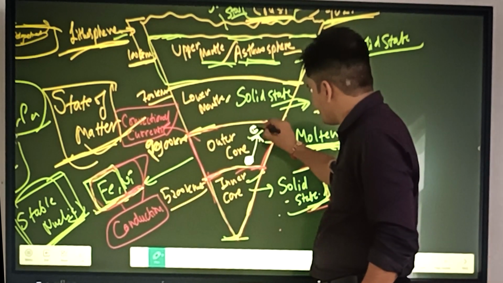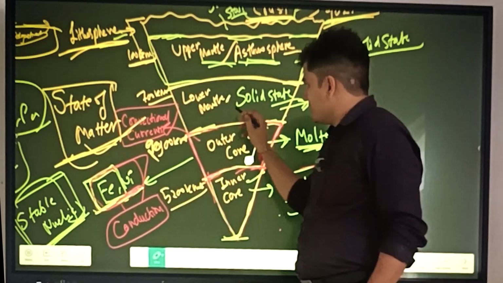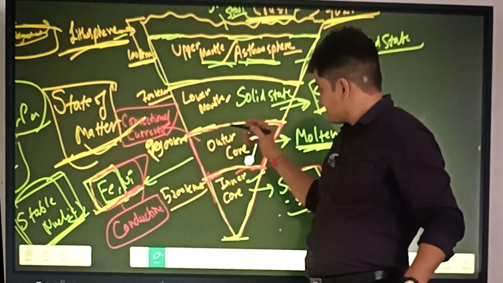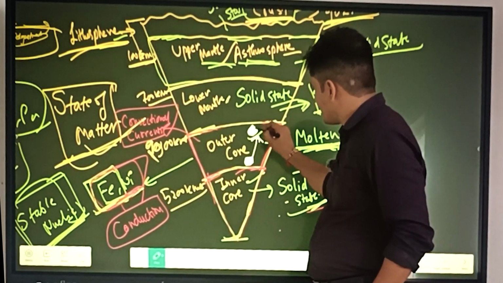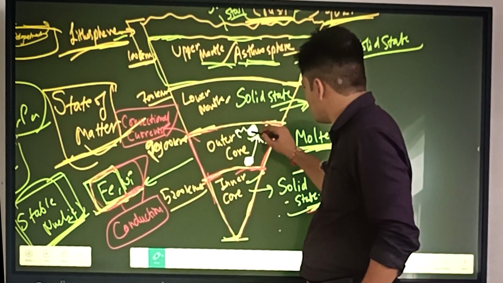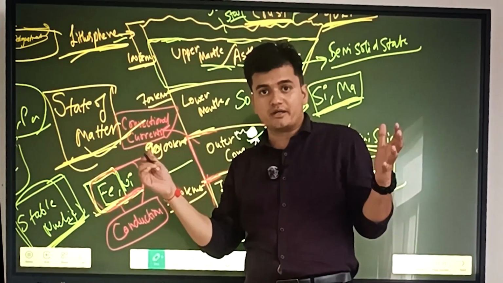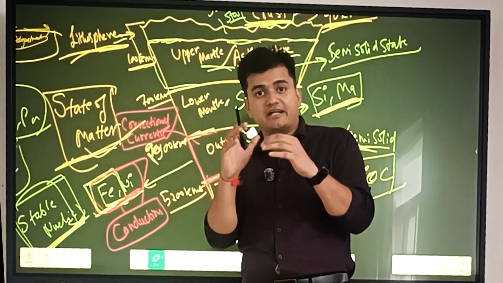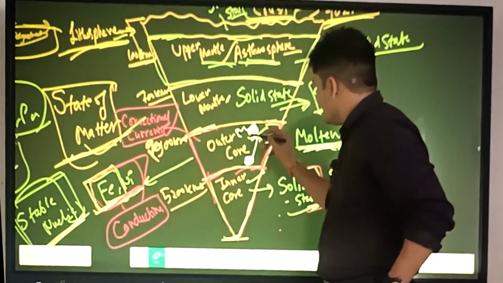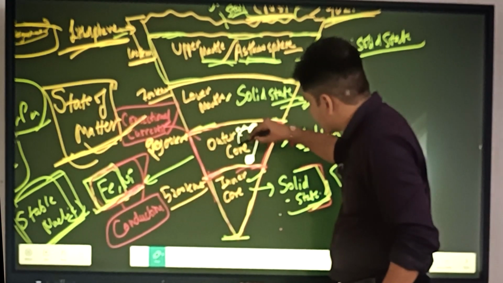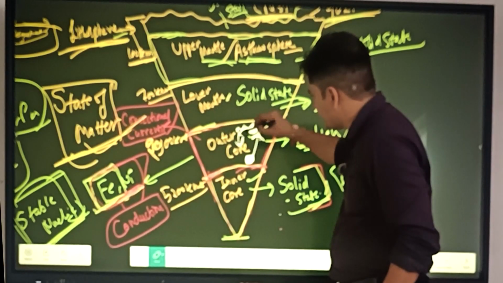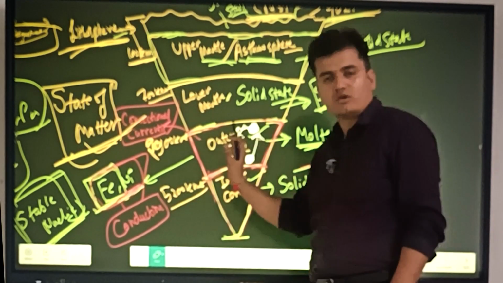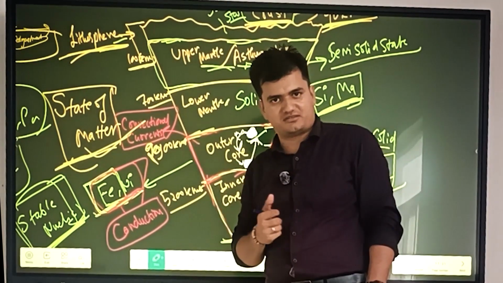When it reaches the lower mantle, what will happen? The lower mantle has lower temperature compared to the outer core. The energy will radiate out and the material will get cooled and shrink. When the material shrinks, the density will increase. When the density increases, it starts to sink down toward the inner core, and this makes a circular motion, which is called convectional currents.